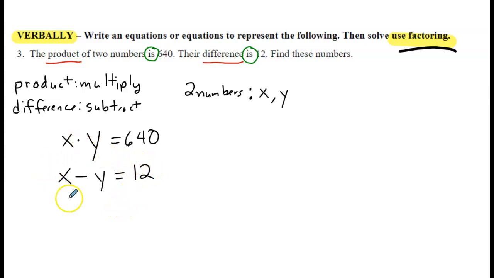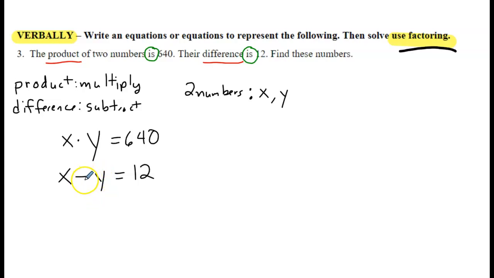When we do factoring, we have to have just one variable, so far anyway. So what I'm going to do is solve for y. I could have solved for x too, and it would work as well, but we'll solve for y.